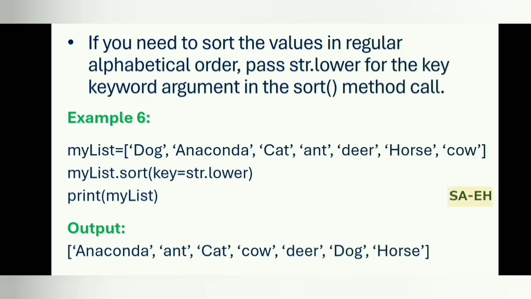This causes the sort method to treat all the items in the list as if they were lowercase without actually changing the values in the list. Therefore, the output is anaconda, ant, cat, cow, deer, dog and horse. Here the list items are sorted in regular alphabetical order.